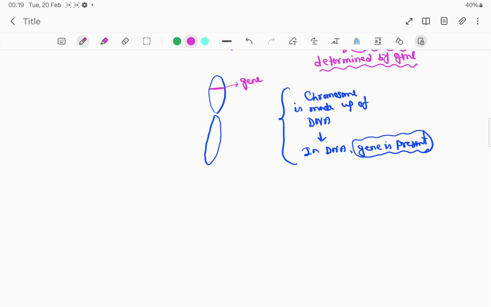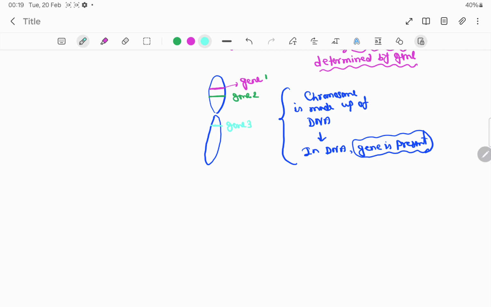So the particular location in a chromosome where the gene is situated, there can be varieties of genes. Suppose this is gene number 1, there is another gene, gene number 2, and another, gene number 3.